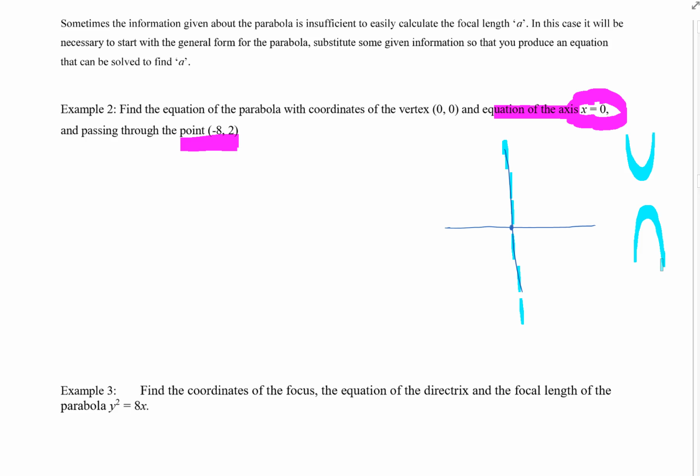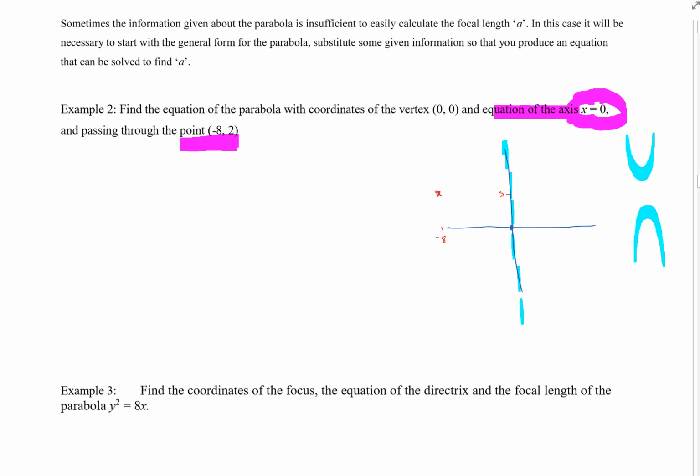Okay, hopefully this next piece of information will enable us to find out which one of those it'll be. It passes through the point -8, 2. So I'm just assuming this is -8 and this is 2, and it goes through that point.